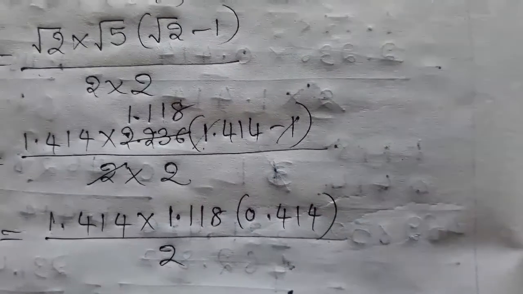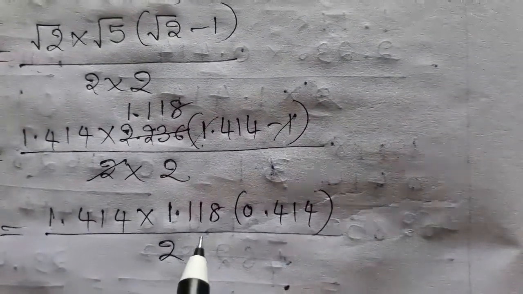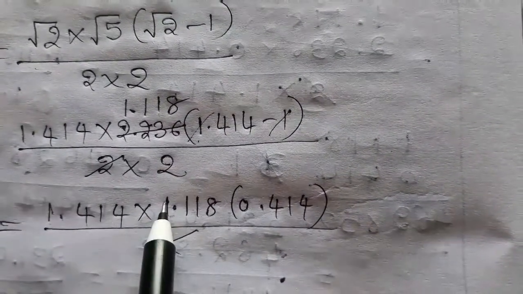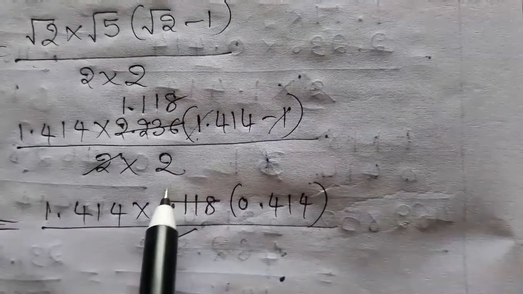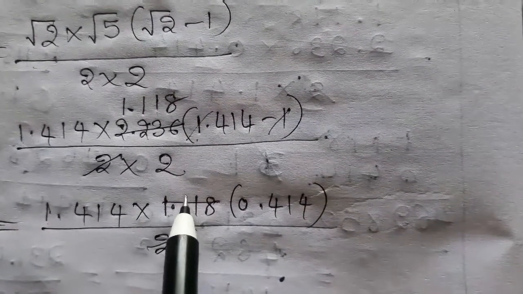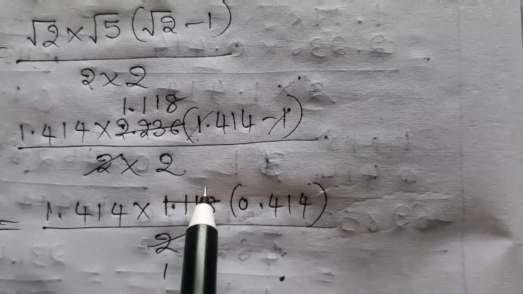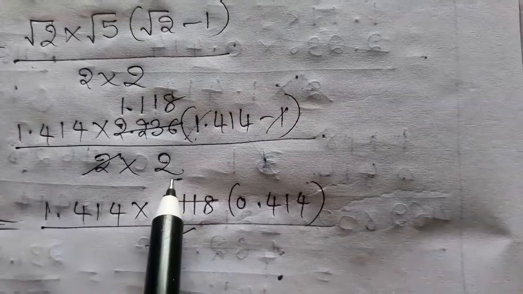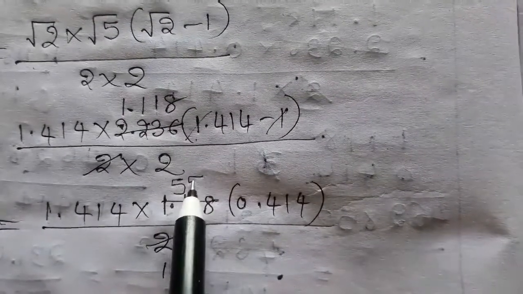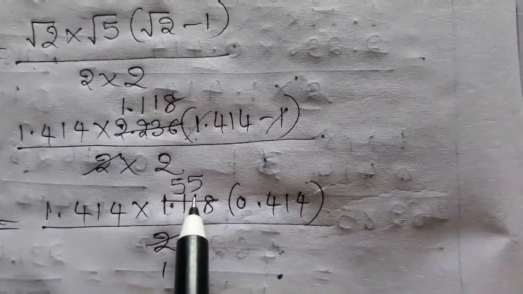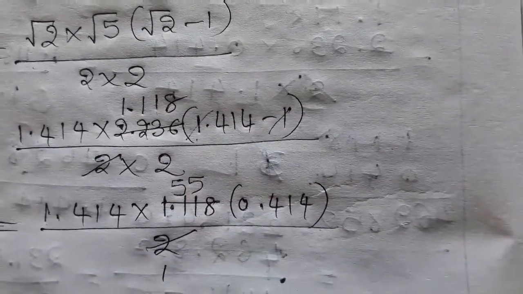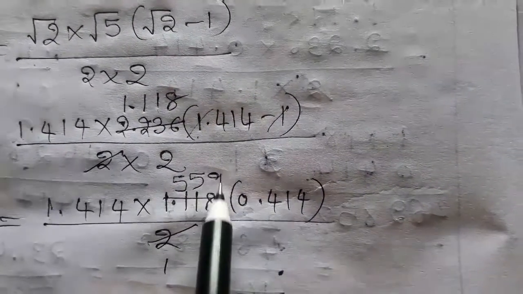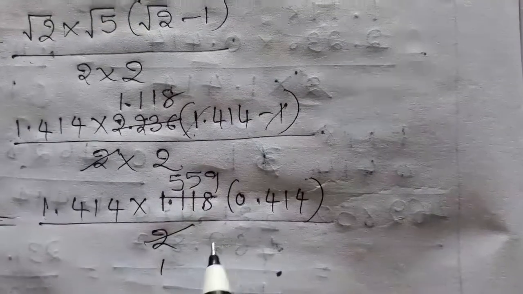Now cancel this. 2 ones are 2, 2 5s are 10, 2 9s are 18, 2 5s are 10, 2 5s are 10, 2 9s are 18, so it is 0 point something.